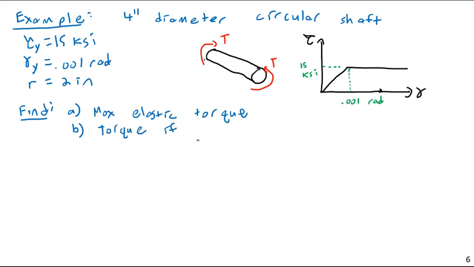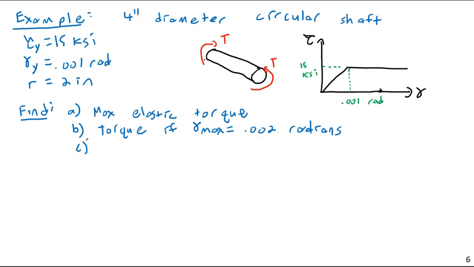Torque if gamma max equals 0.002 radians. This will actually be a yield state. It will be in yielding here. So we're saying, okay, we don't care if it yields, but we don't want its angular strain to exceed 0.002 radians. And finally, what is the max torque, period?